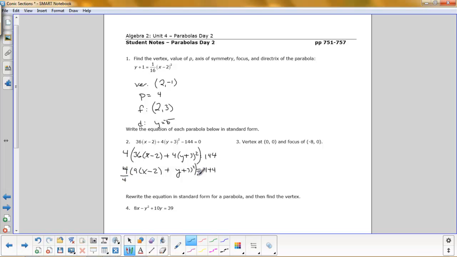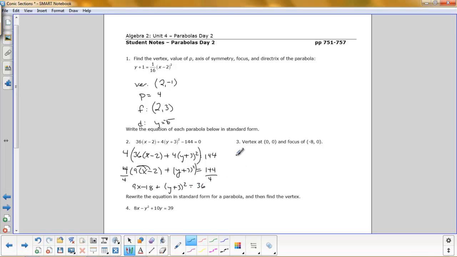Divide out that 4 to the other side, and now I get 9x minus 18, distributive property, plus y plus 3 squared equals 36. Subtract all this to the other side. That means I'll be subtracting 9, adding the 36, or adding the 18 and the 36.